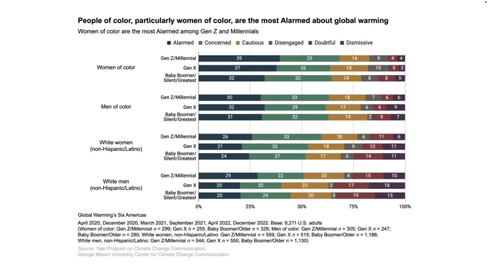This one points out that people of color, particularly women of color, are the most alarmed. So you can think about how they're pulling all this information to then point this out, and why would they point this out? Different questions repackage how we look at this. Why does this become a useful thing to point out?